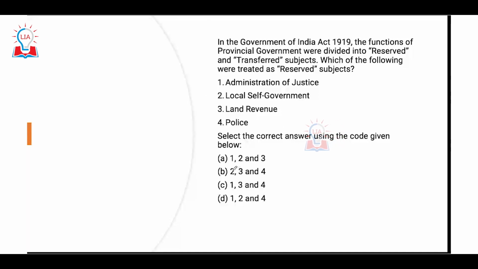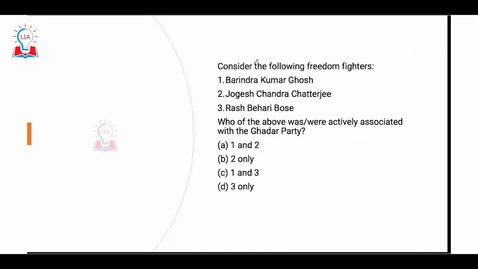So eliminate option 2, and you will have the answer. Okay, A is gone, B is gone, D is gone. The correct answer is C. So 1, 3 and 4 were classified as reserved subjects and local self-government was a transferred subject. Okay, this is how we'll be able to eliminate options and find the answer.